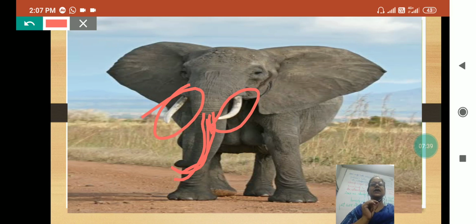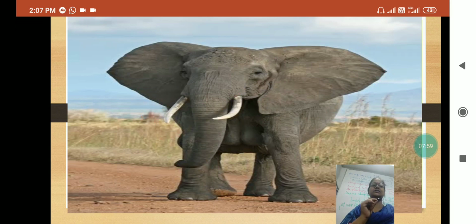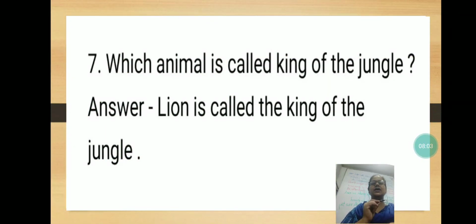And see, in English you have studied the elephant flapped his big ears. See how big these ears are. Elephants have very big ears. That's why in the English chapter you have studied that the elephant flapped his ears to listen to the sound of the hyena's laugh, isn't it?